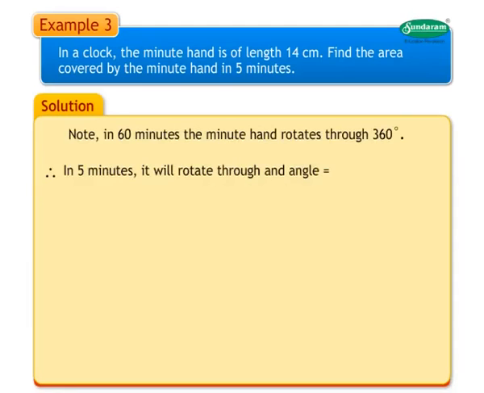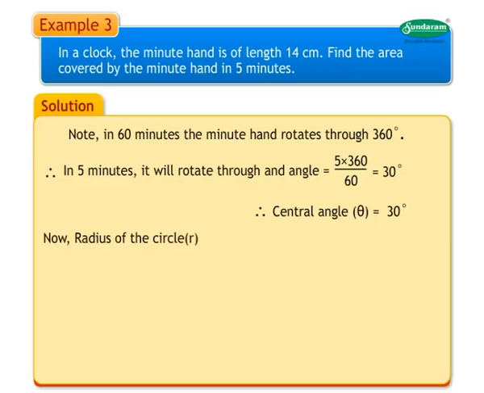Therefore, in 5 minutes it will rotate through an angle equal to 5 into 360 upon 60, which is 30 degrees. Therefore, central angle theta is equal to 30 degrees. Now, radius of the circle r is equal to the length of the minute hand, equal to 14 centimeters. To find area of the sector A.